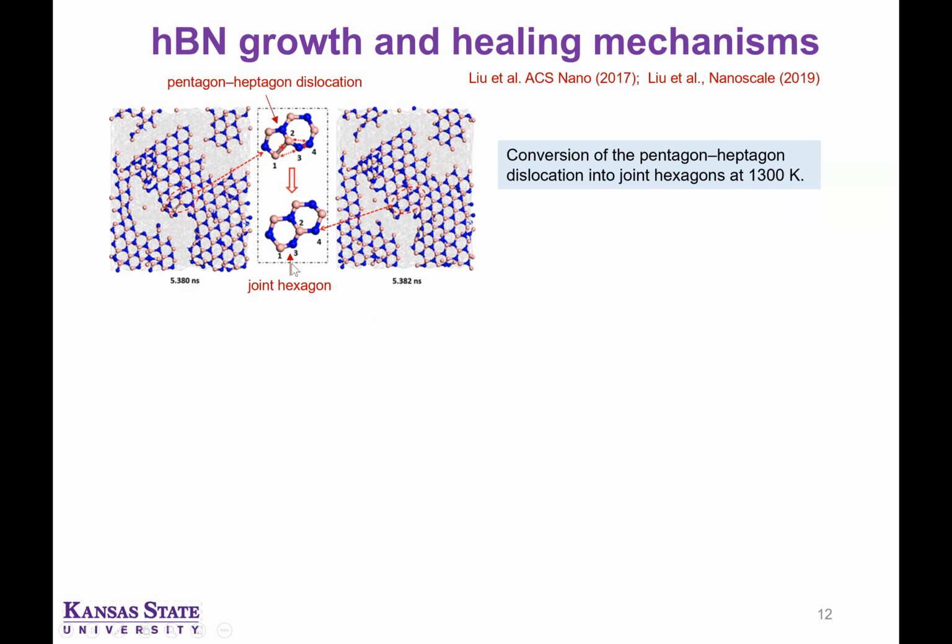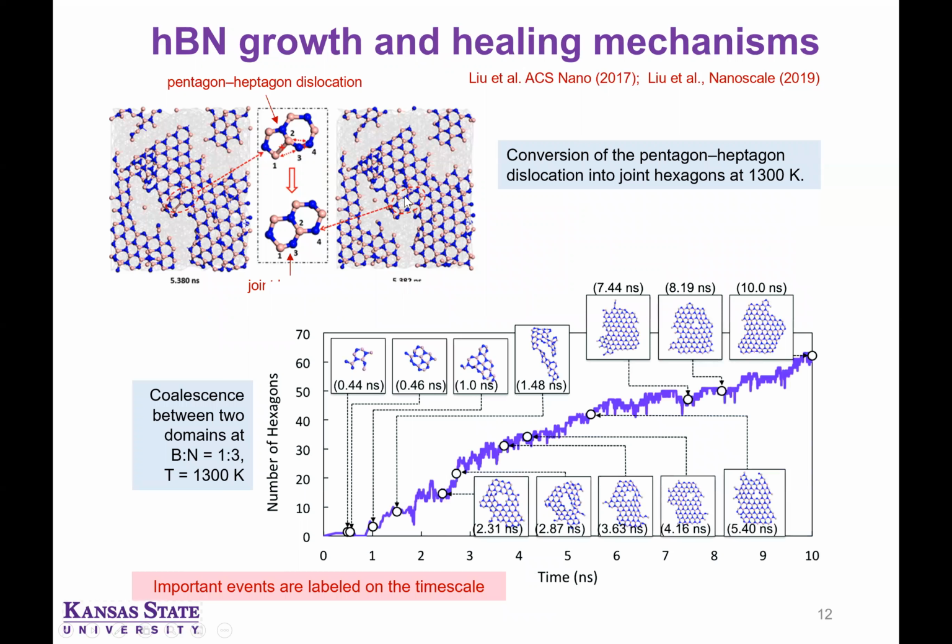So it seems that the formation of some kind of abnormal dislocation is a normal process for hBN lattice growth. In a separate simulation, we increased the amount of nitrogen deposited onto the substrate while still running the simulation at 1300 Kelvin.